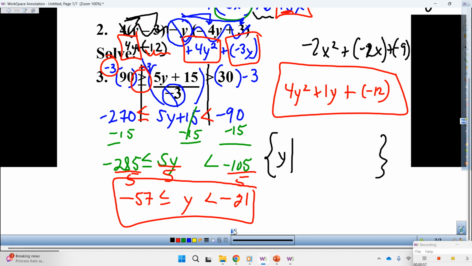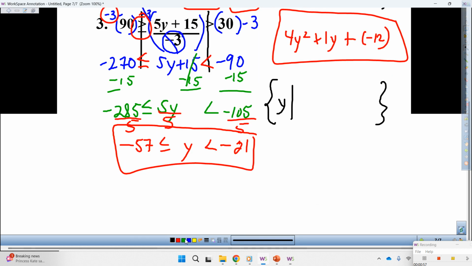What is our solution? Well, the solution is negative 57 less than or equal to y less than 21 without the equal sign. Good? Yeah. All right.